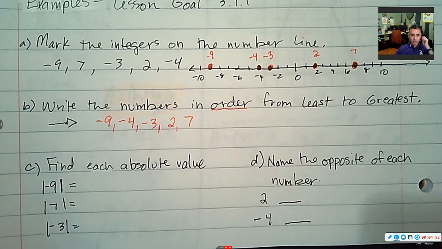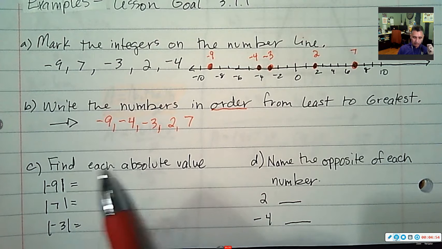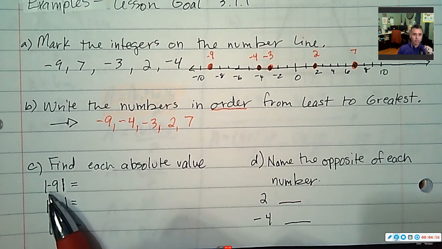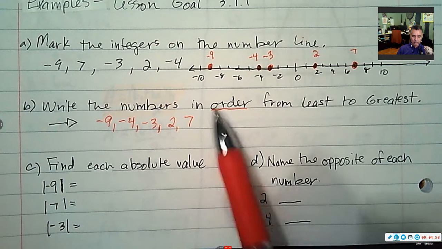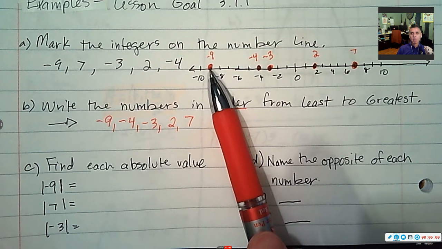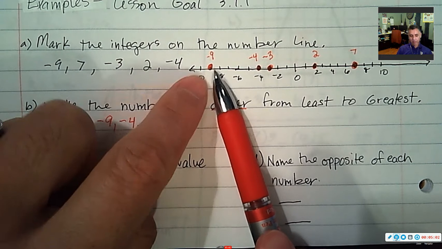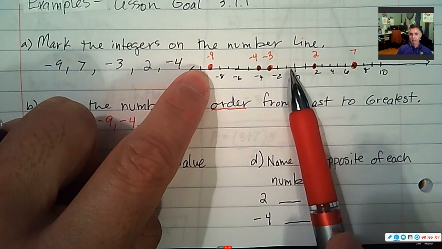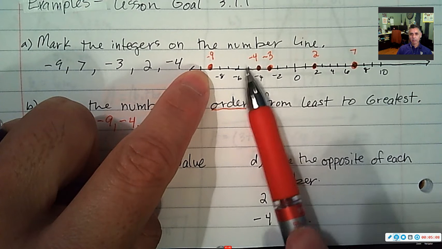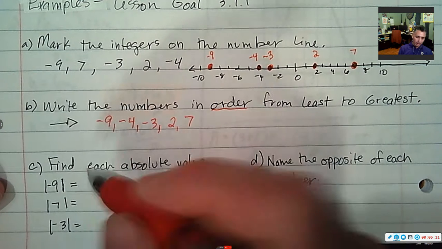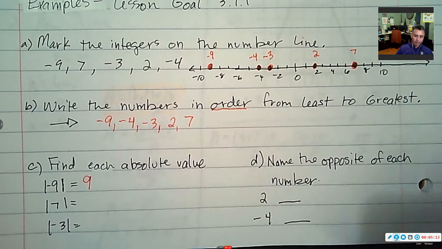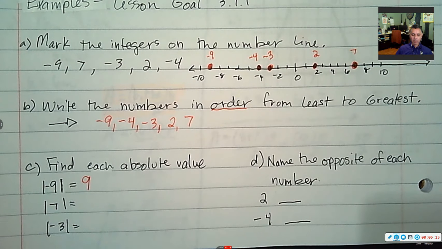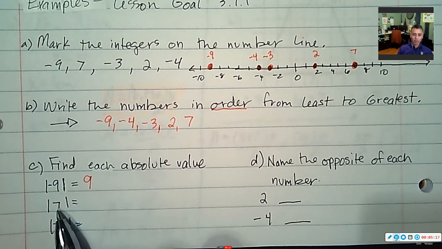Okay, these last ones. For these, it says find each absolute value. So this is the absolute value of -9. Again, here's -9. The absolute value of negative 9 is the distance from here to here. That's 1, 2, 3, 4, 5, 6, 7, 8, 9. It's 9 places away, so the absolute value is 9. Same thing with the next one, absolute value of 7.